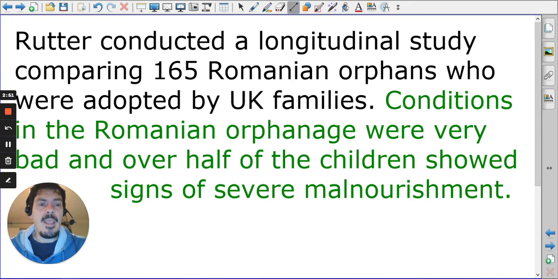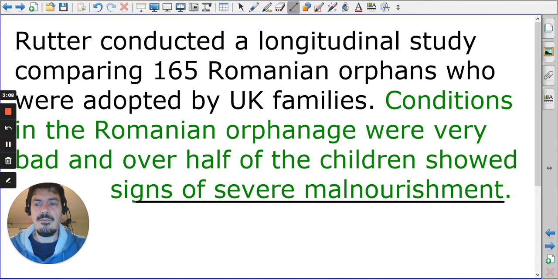The media went in, and they discovered children living in Romanian orphanages in absolute squalor, and they were showing signs of severe malnourishment.